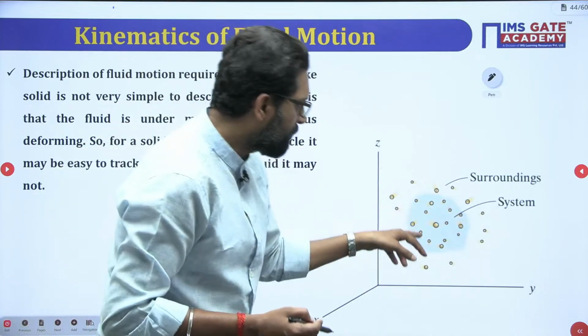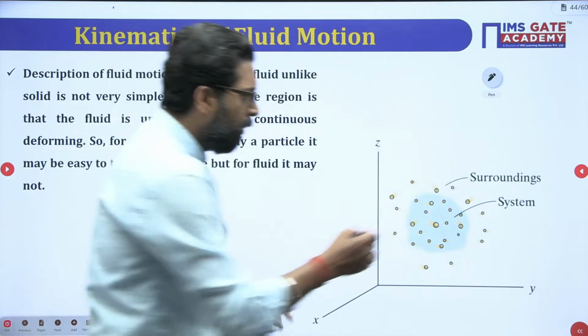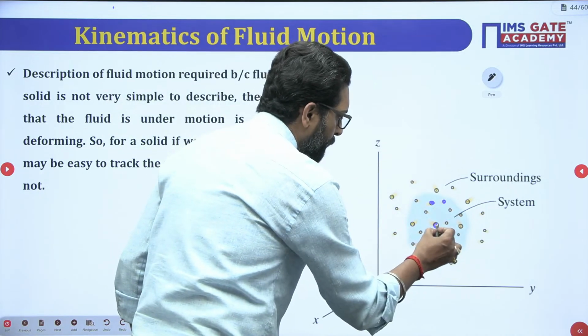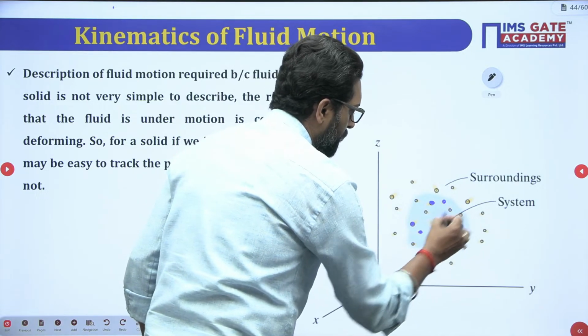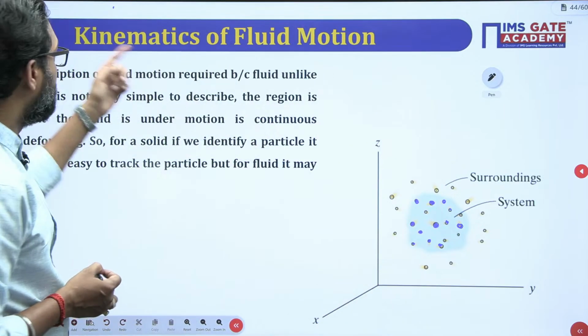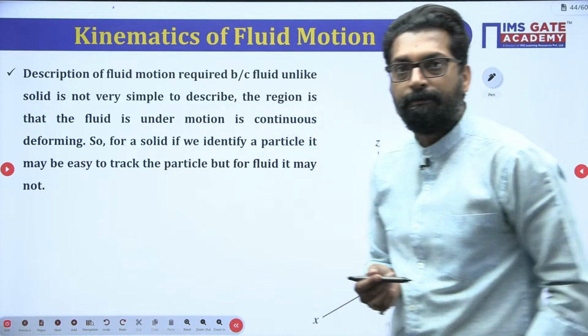This is our system, and apart from the system is the surrounding. So to describe the fluid, we make a system, and how the fluid characteristics change in the system, we analyze in the chapter of fluid kinematics.